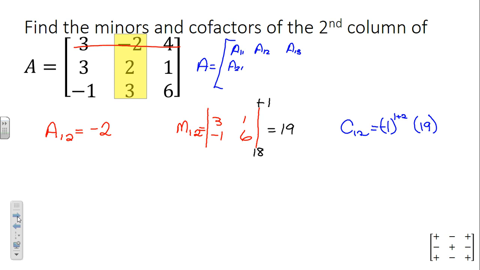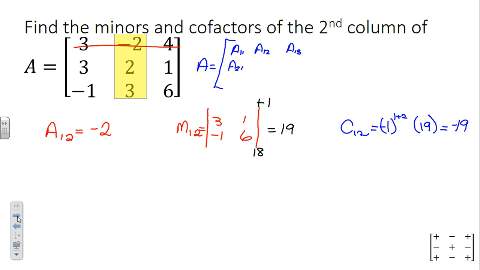So I'm just designating this one so you know this is the element's value, this is the value for its minor, and this is going to be the value for its cofactor. Yes, sir. Okay, the i is the row number, and the j is the column number. Okay, so far so good?